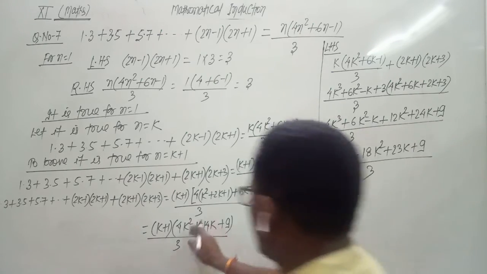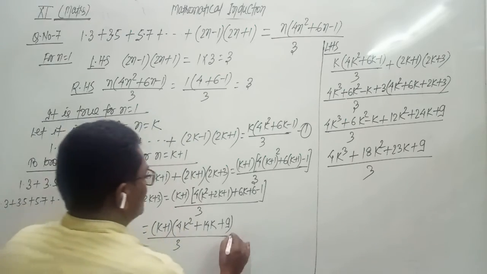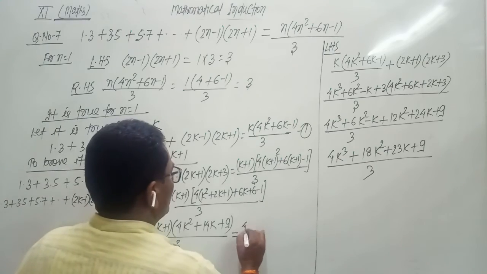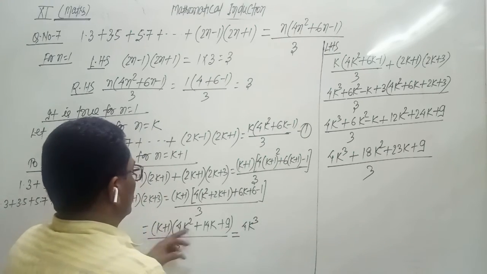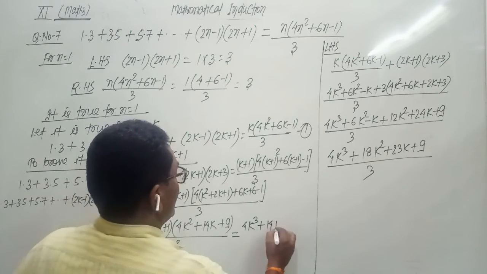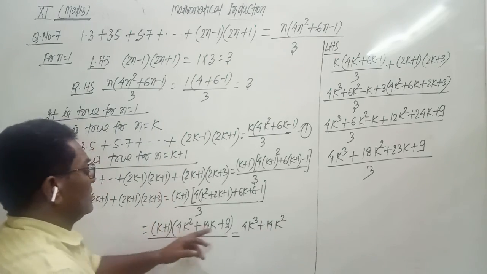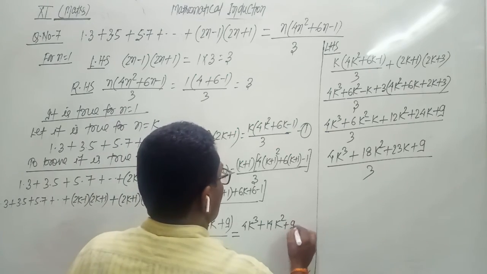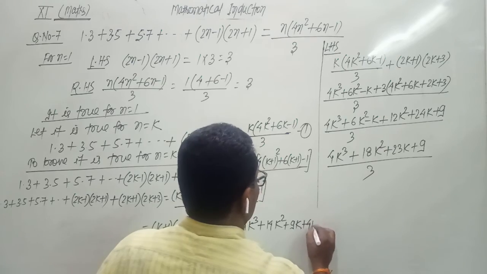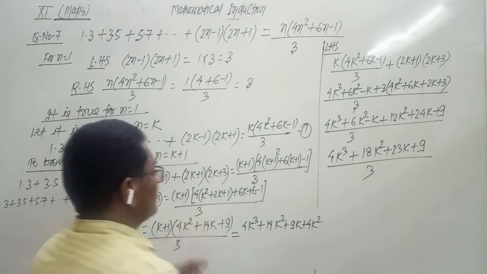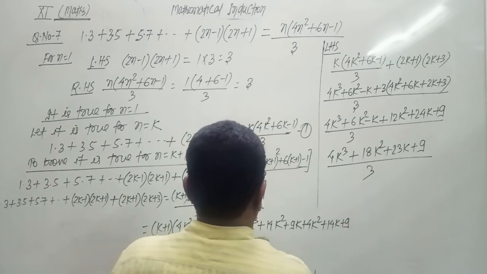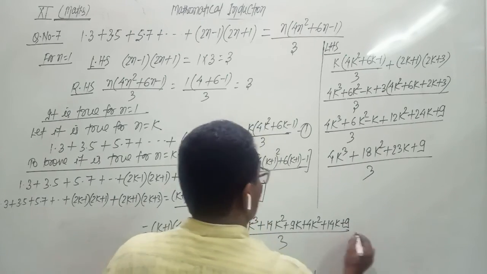When we remove the bracket of the RHS, then we get k into 4k square, 4k cube plus 14k square, 14k square plus 9k plus 4k square plus 14k and plus 9 upon 3.